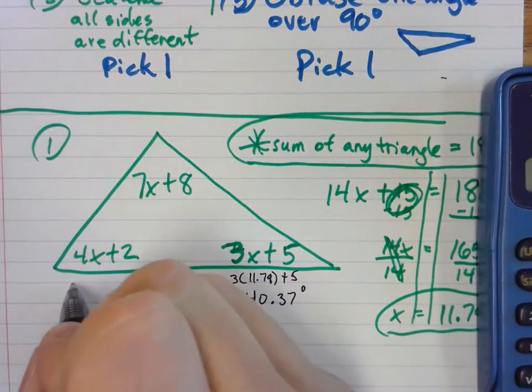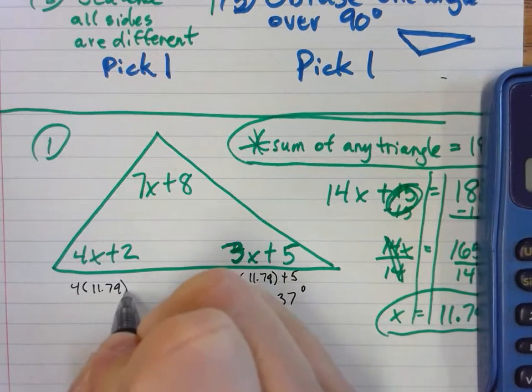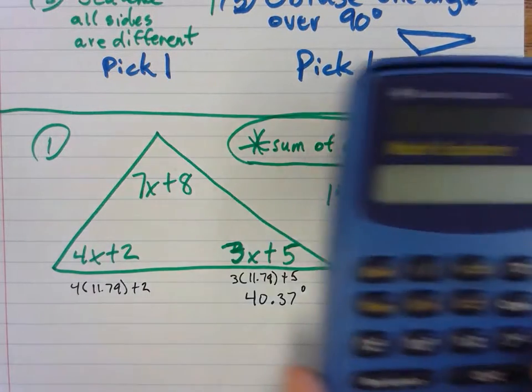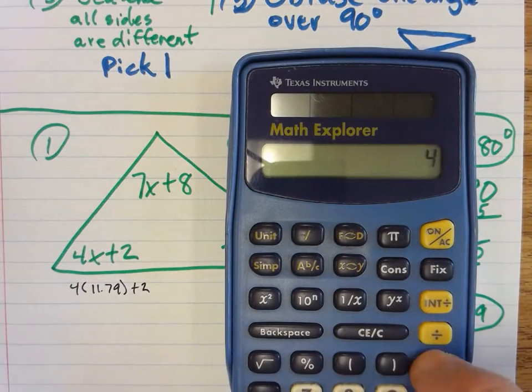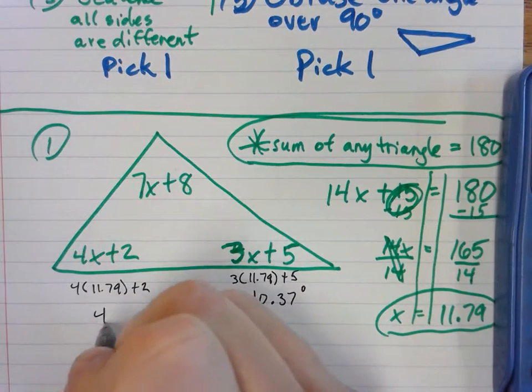Let's see what we do over here. So that's 4 times 11.79 plus 2. Let's see how big that angle is going to be. 4 times 11.79 plus 2. All right, that's 49.16.